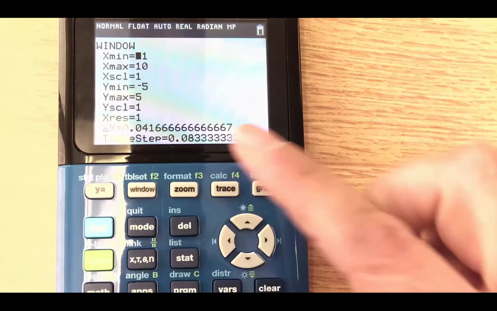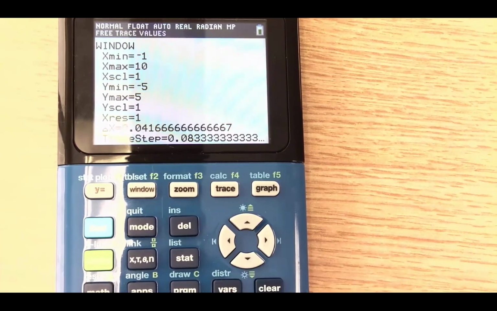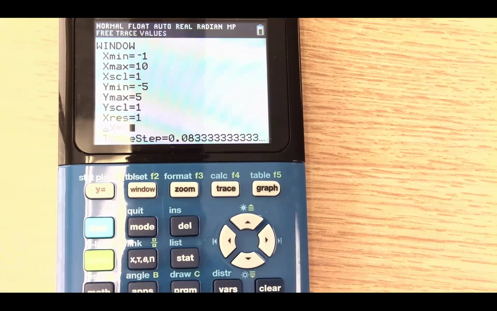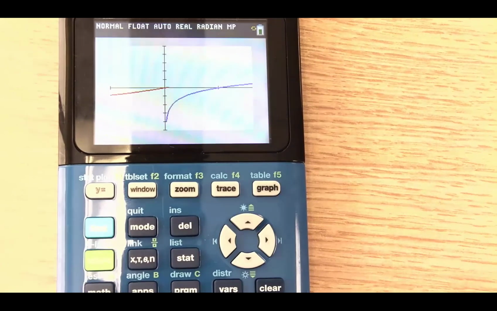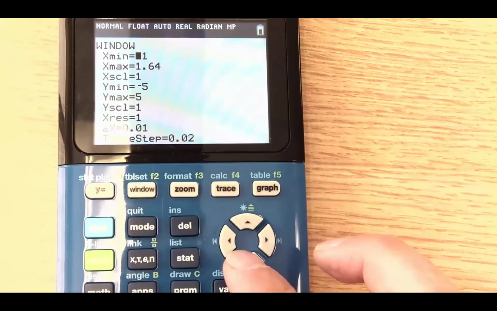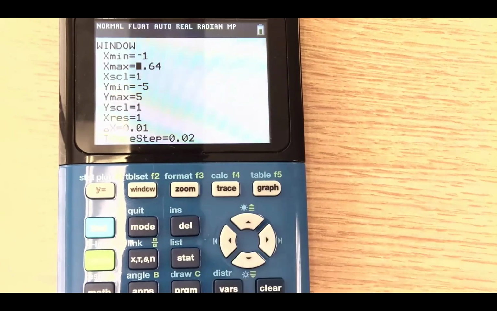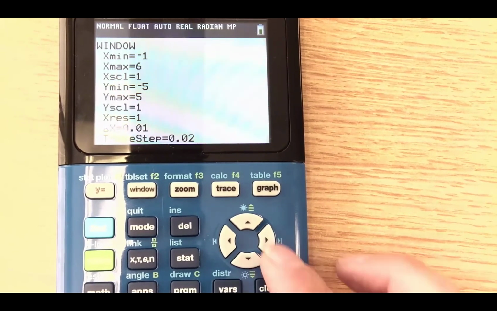So I think what I need to do is change this, maybe make these smaller, 0.01 instead of 0.04, maybe even a little bit less than that. Oh, this is weird. X max, I want it to be more like 6.